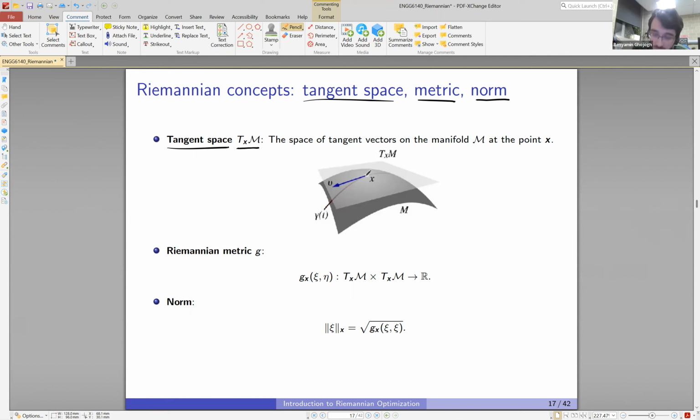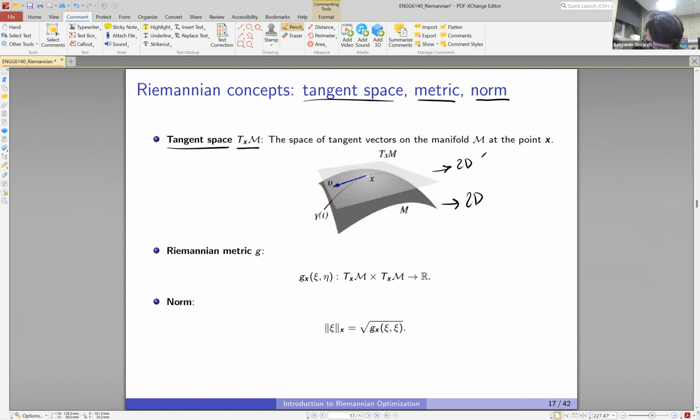At every point, we can have a tangent space, or you can see it as a tangent hyperplane on the manifold. It is tangent to the manifold M at point x, so we write it as T_x M. As you see, the manifold is locally 2D, and the tangent space is also locally 2D.